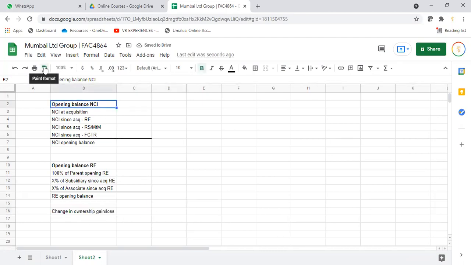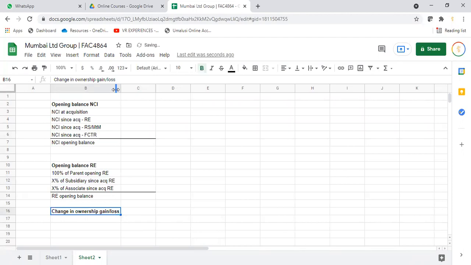What you must understand is that this change in ownership is basically a sale of an asset. In the same way, you'd calculate a gain or loss for a sale of PPE. How do we go about calculating a gain or loss for the sale of PPE?